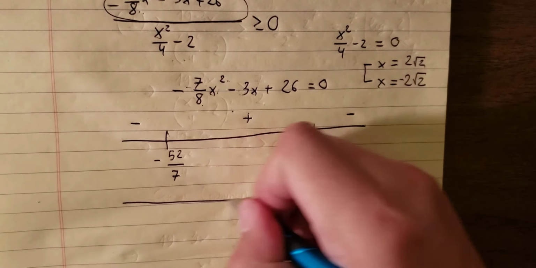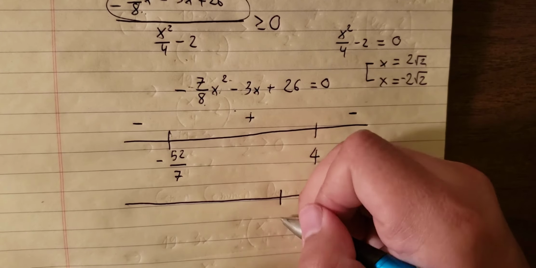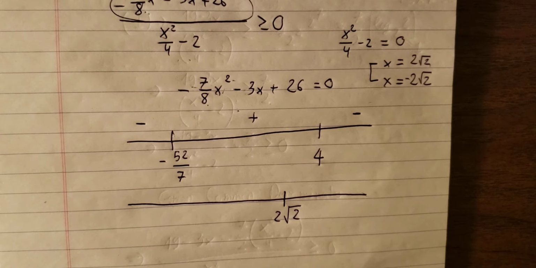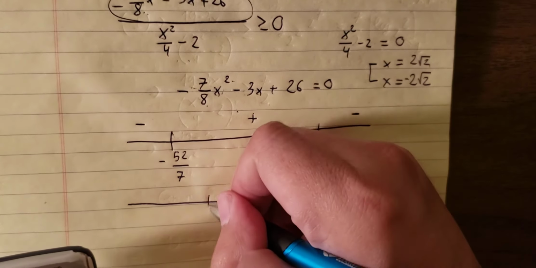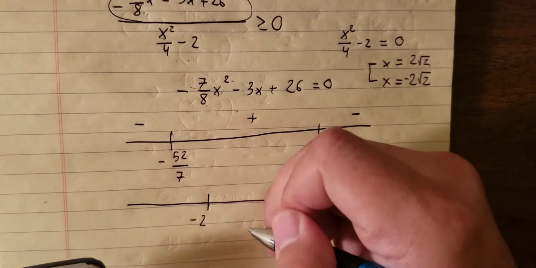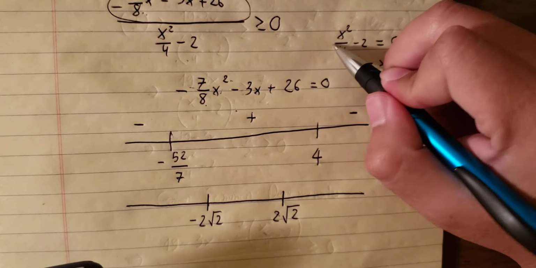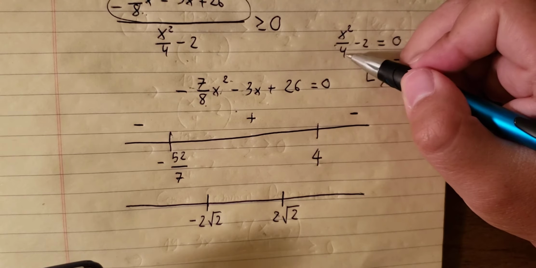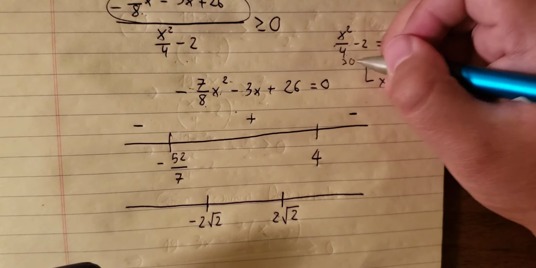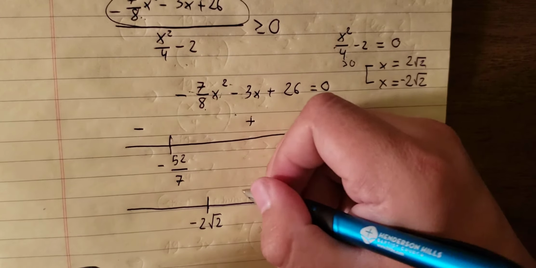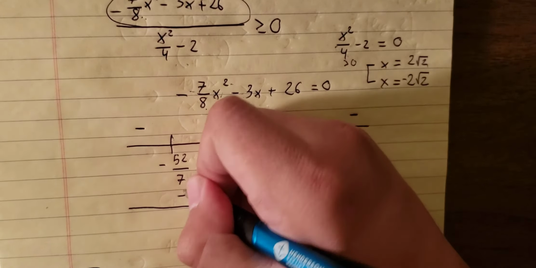So for this one, this is 2 multiplied with the square root of number 2, and this one is negative number 2 multiplied with the square root of number 2. Because the coefficient is 1/4, this is greater than number 0. So on the right you got positive, negative and positive.